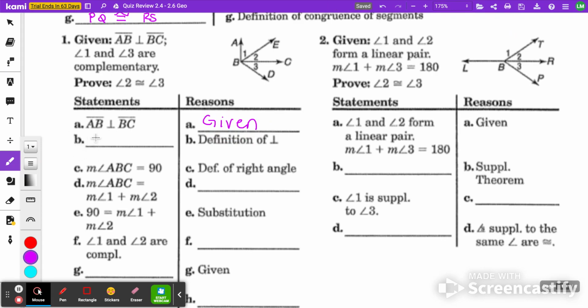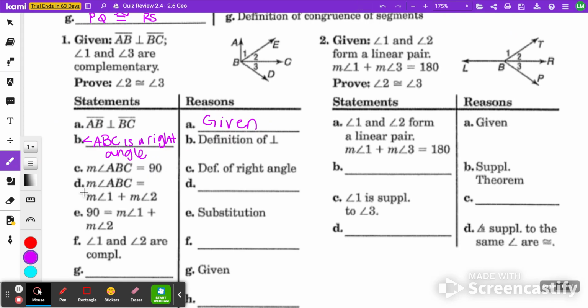Well, when we're looking at AB and BC, that means angle ABC is a right angle. Okay, and that letter C is already filled out for us then. The measurement of angle ABC is equal to 90 degrees. Definition of right angle. Cool.